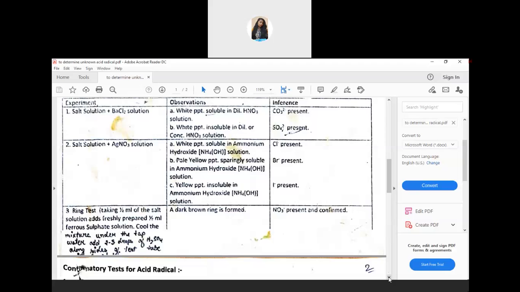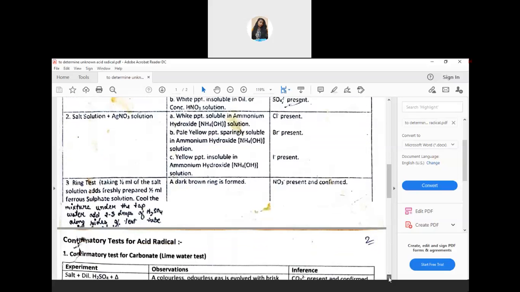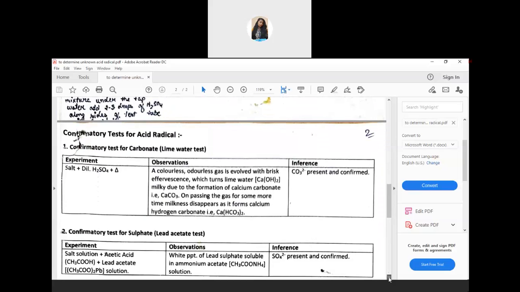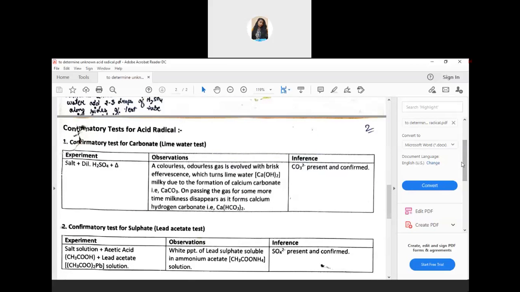Then you have to confirm that acid radical. It may be present, but we are not confirmed yet. So you have to confirm that the acid radical is present in the salt.